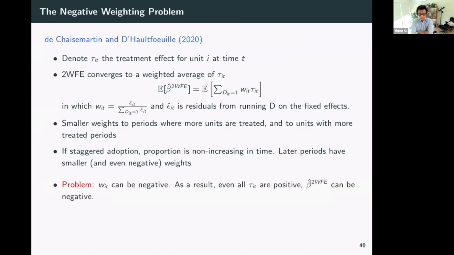And the problem is that as a result, even if all tau are positive, the weighted average can be negative. So the weighted average is not even a convex combination of the tau, which can be really misleading. This is the minimum requirement that we want for fixed effects: at least the estimate needs to be a convex combination of the tau, but that's not necessarily the case.